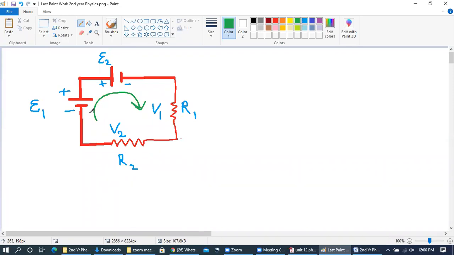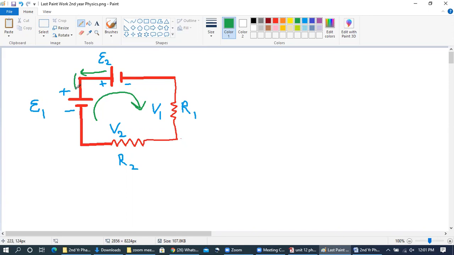Okay, but for battery 2, for the second battery, what is happening? That second battery is trying in such a way that since its positive side is along the left side, it is trying to move the current towards the left side.